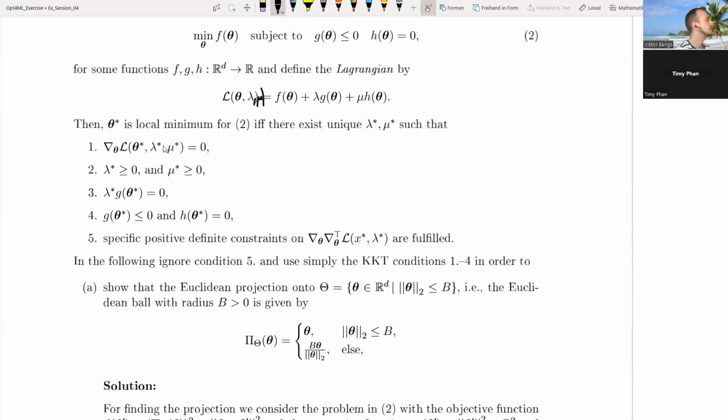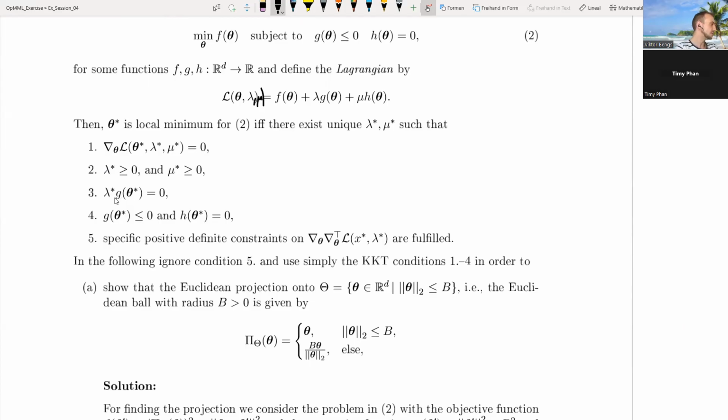The second condition is that these lambda prime and mu prime must be non-negative. This should also hold when we have multiple constraint functions: then all of the lambda prime and mu prime factors are non-negative.